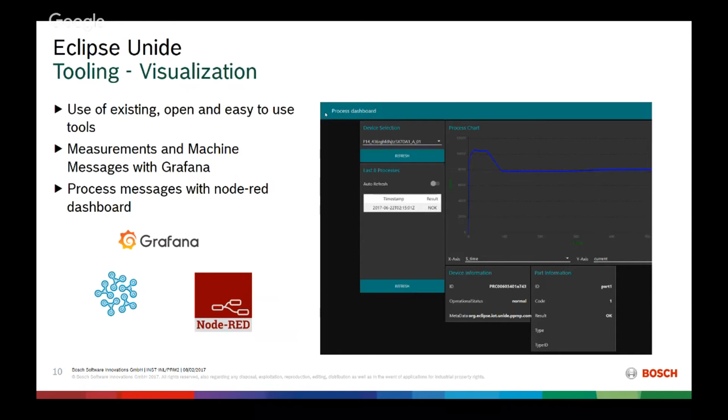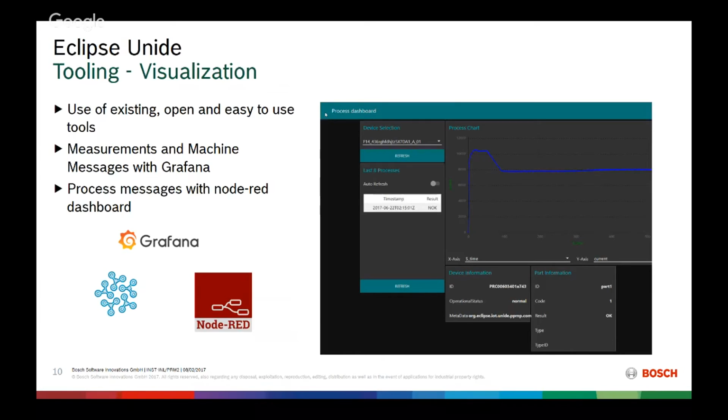You have a user management. You can get access to different data sources, like an InfluxDB, which we have implemented in the Unide project. And you don't have to use any SQL code, it is just really easy to configure.